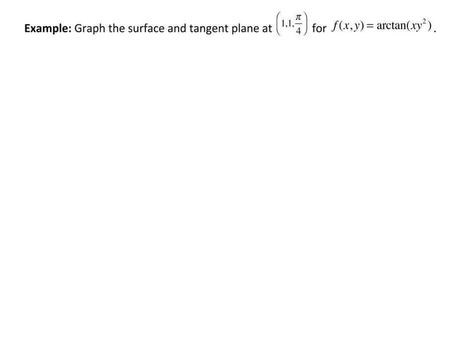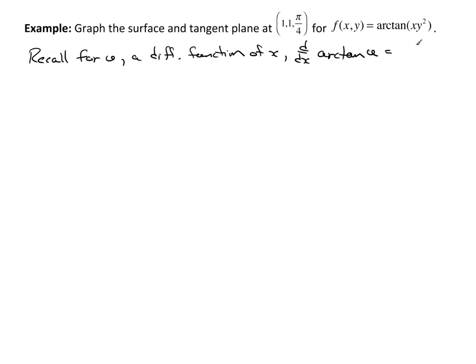Just as a real quick review, in case you don't recall, for a differentiable function of x, d/dx of arctan of u equals u prime over 1 plus u squared.